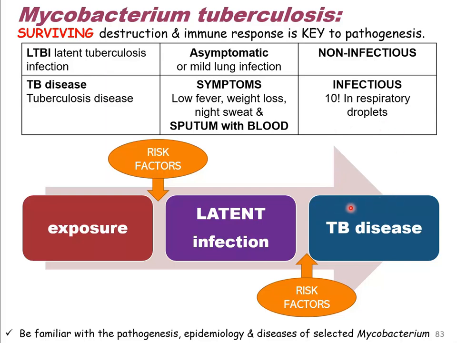Usually, like I said, it's going to be when people live in poor conditions and in close quarters. Actually, my grandfather and my aunt died of TB during World War II. So there usually are these risk factors that set people up for developing the disease.